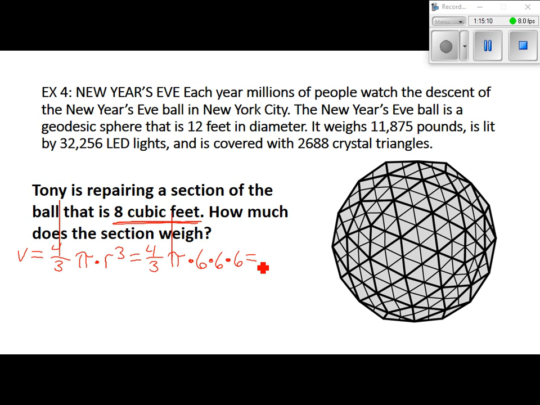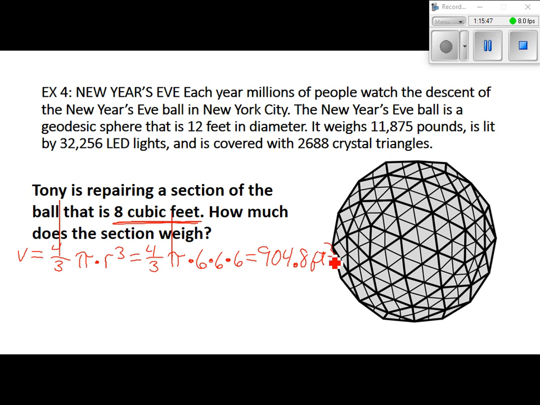So when I punch this in my calculator, I do 4 divided by 3, then I hit equals usually, just to make sure that my calculator is not telling me the wrong thing, then times the pi button, then times 6, times another 6, and times another 6, and hit equals, and I get about 904.8. So the volume of the ball is about 904.8 cubic feet, or feet to the third power.